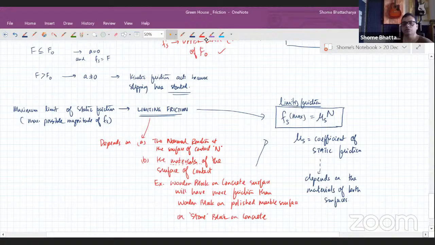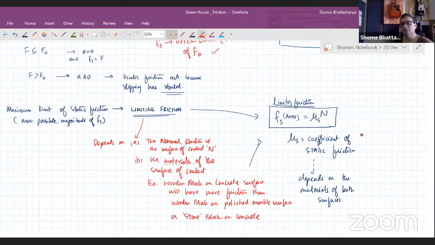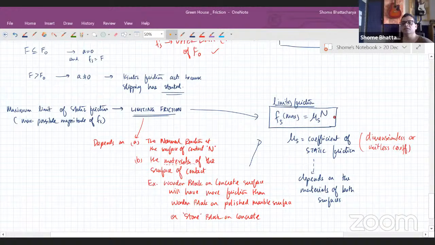Okay, so this coefficient is a dimensionless or unitless coefficient, because N here is the normal reaction, so it already has the dimension of force.